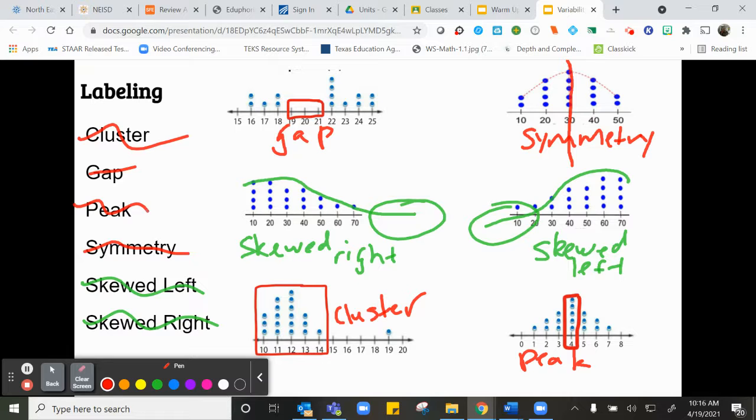So basically, all you're doing for the shape is using these vocabulary words to describe the graphs. Now, I use dot plots in these examples. You can use histograms, bar graphs, stem and leaf plot, box plots, and percent bar graphs to describe the data here.